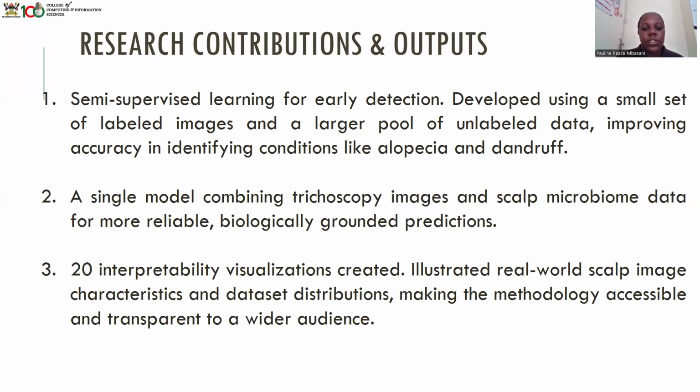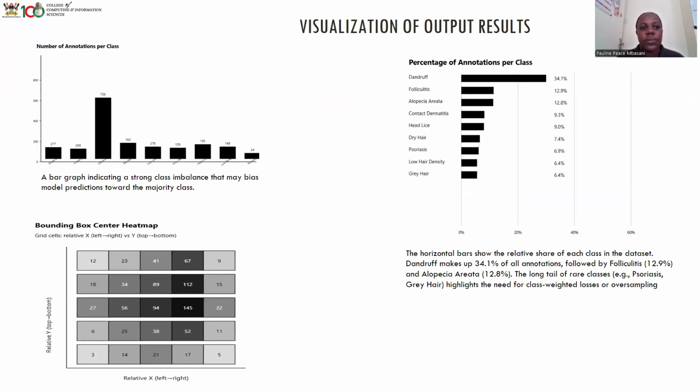Then a single model architecture combining trichoscopy images and microbiome data, producing predictions that are biologically grounded. Then finally, 20 interpretability visualizations showing dataset distributions and real-world scalp image characteristics.